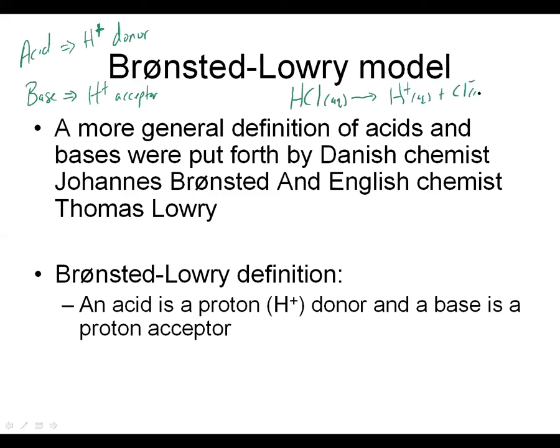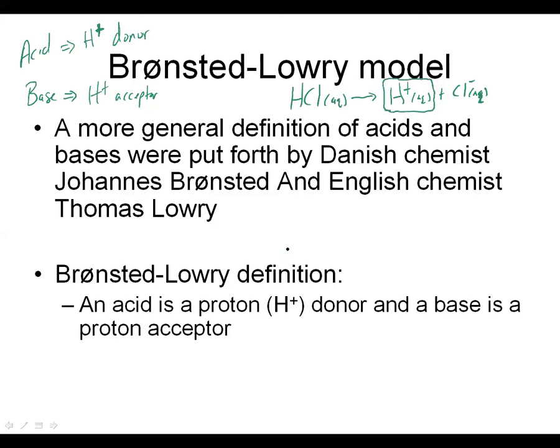And this is a perfectly fine way to write this strong acid, breaking it apart into its ions. And when we write it like this, what we end up with is our H plus.